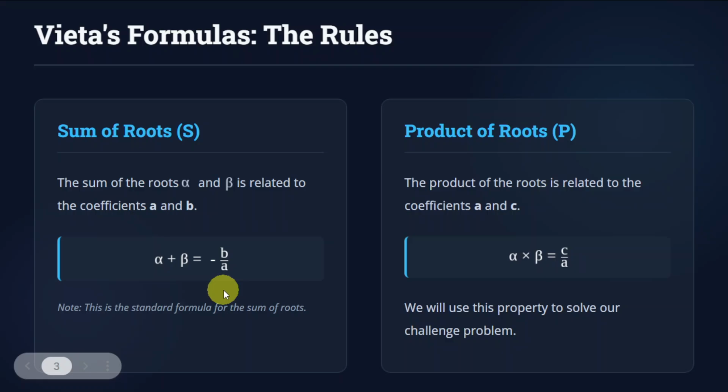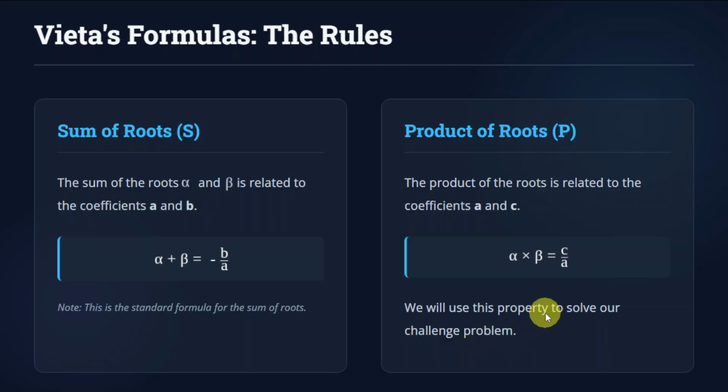So if the quadratic equation has two distinct roots, alpha and beta, then the sum of the roots becomes minus b over a. Whereas the product p of the roots, alpha and beta, is given by c over a. So we are going to use this property to solve our next problem.